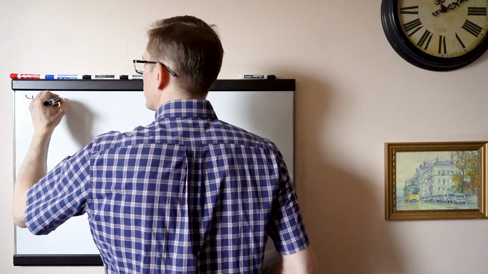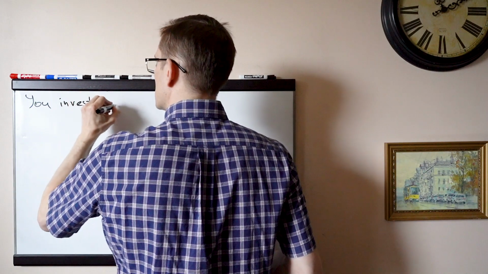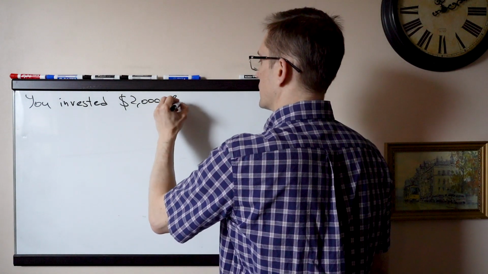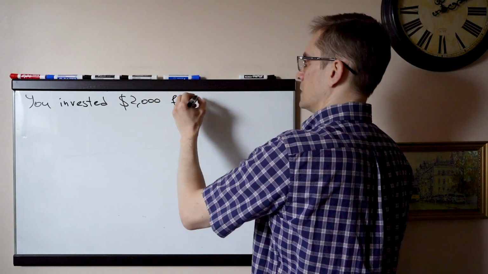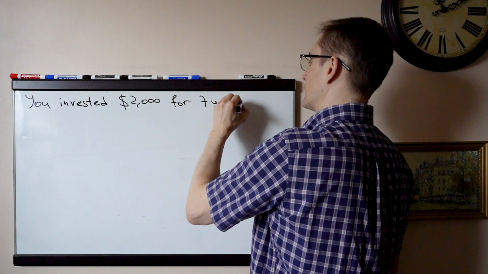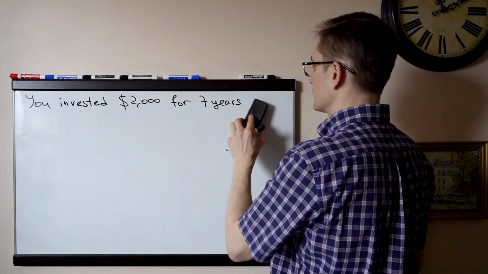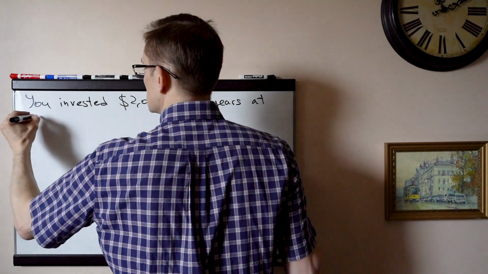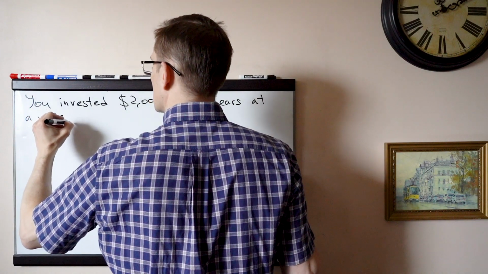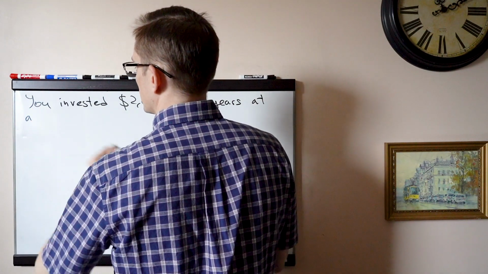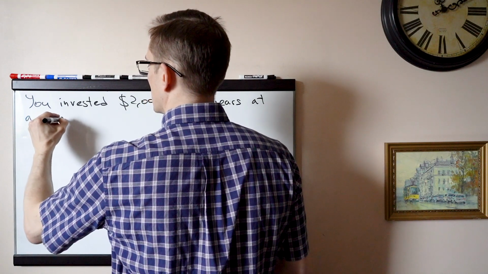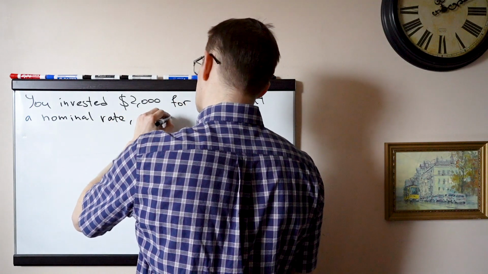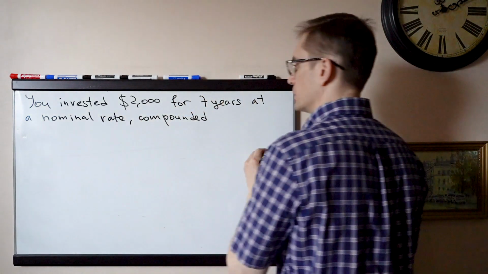You invested $2,000 for, let's say, 7 years at a nominal rate, compounded monthly.